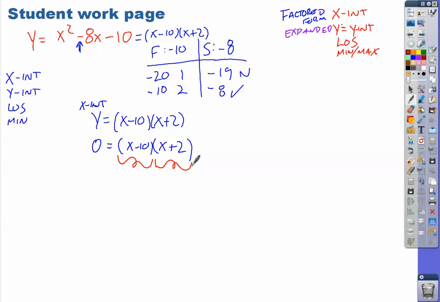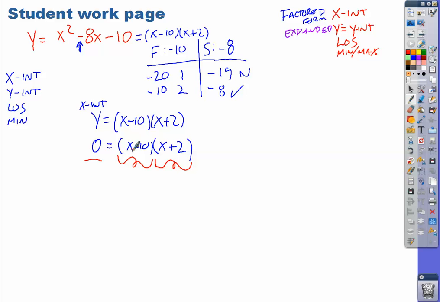We're multiplying two numbers together and getting a product of 0. The only way to multiply two numbers together and get a product of 0 is if one of these two numbers is 0, which means this binomial or this binomial must be equal to 0. So x minus 10 has to equal 0.